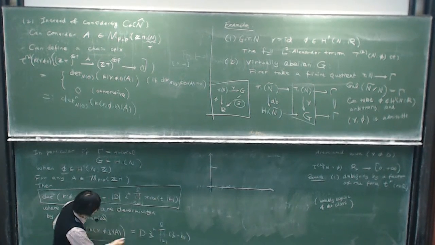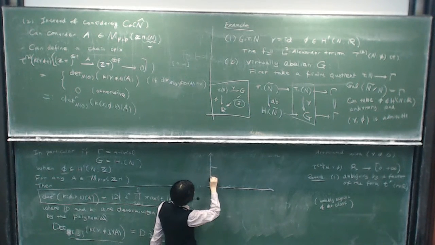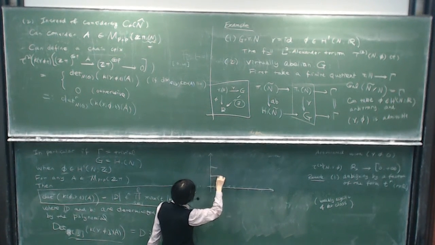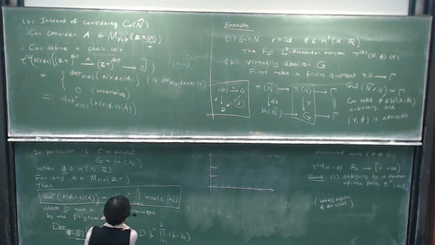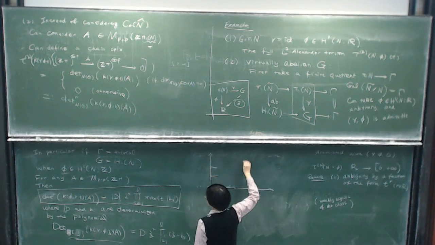The graph of this function would basically look like, at first, some constant because it's coming from a function. And in the end of the day, that would become essentially just some monomial.